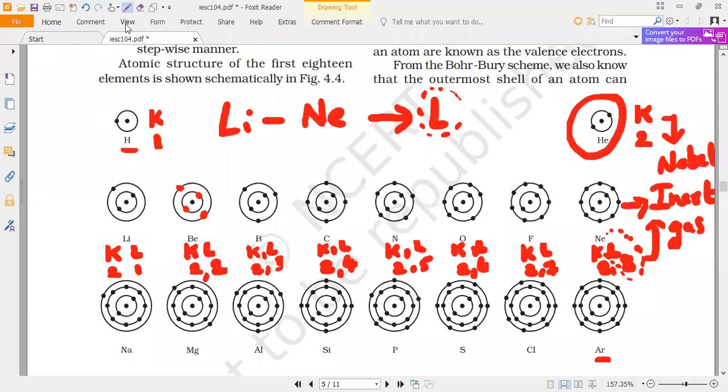Because it has only one shell, and that shell itself is the valence shell, the K shell. And maximum how many electrons can we put? 2. That's why helium is also considered a noble gas. Clear? That is what you have to remember. Other than helium, all the remaining have 8 electrons.